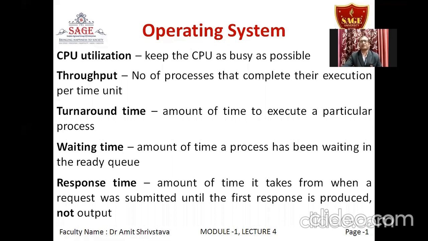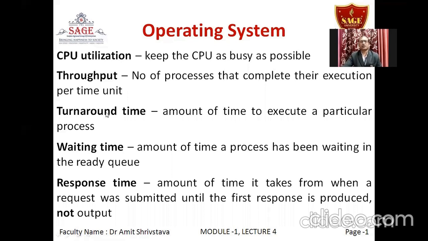So system 1 has a throughput of 5 processes per minute, and system 2 has a throughput of 10 processes per minute. Obviously, the higher the throughput, the higher the efficiency of our system. So CPU utilization should be as high as possible, and throughput should be as high as possible.